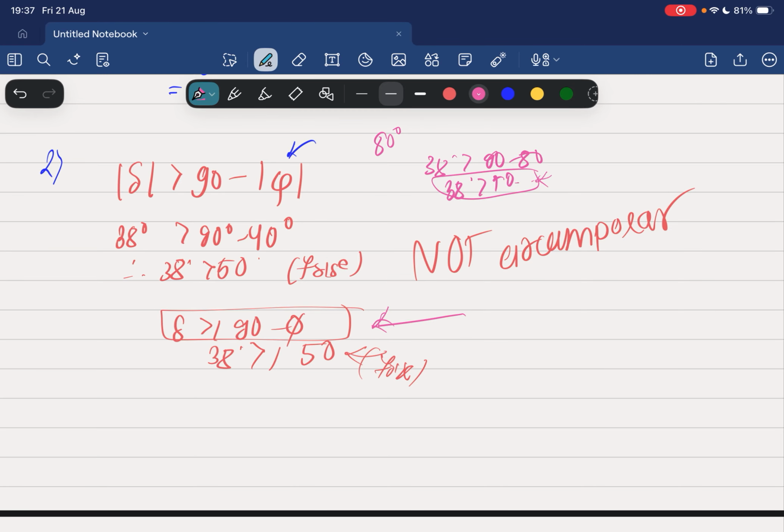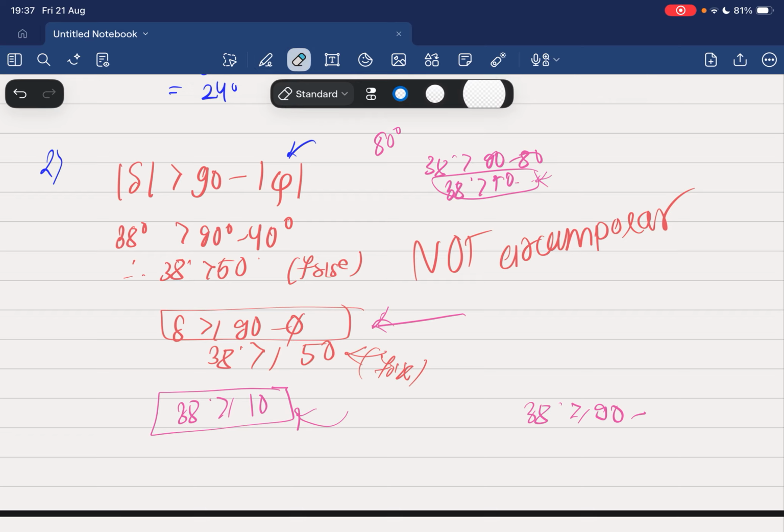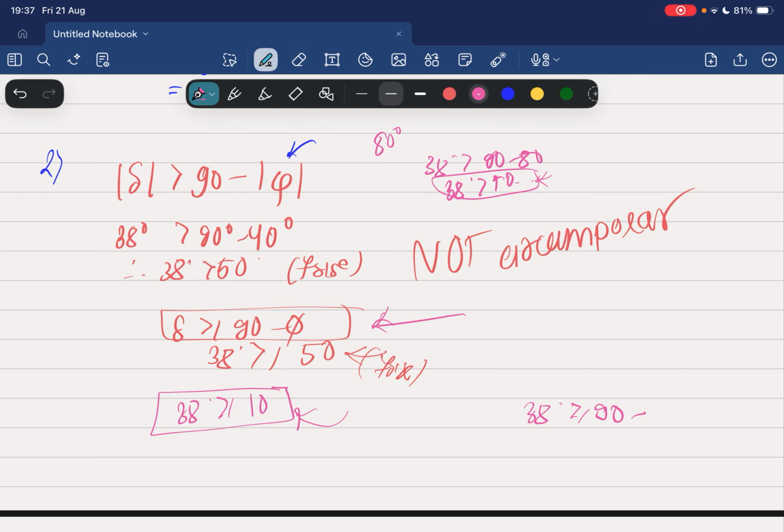let's equate the phi into here. So 38 degrees greater than or equal to 90 minus 80 minus 10. It is greater, means it is, okay, wait, 38 degrees must be greater than 90 minus, what was this, 80, right? 80.